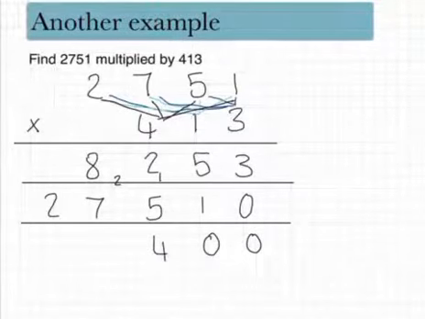4 times 5 should be 20. So we're going to put our 0 and we're going to carry our 2 to the next digit. 4 times 7 is how many? Should be 28, and we've carried a 2.